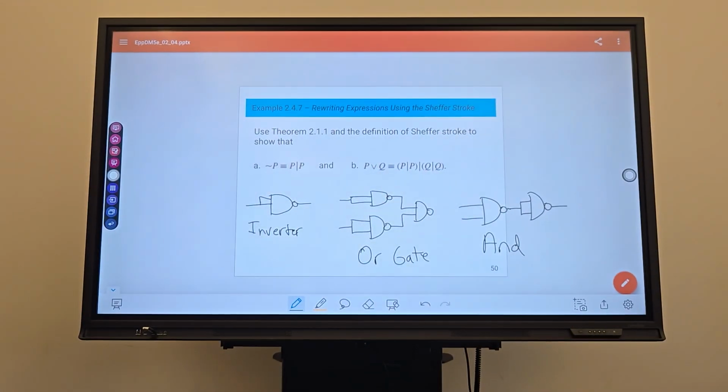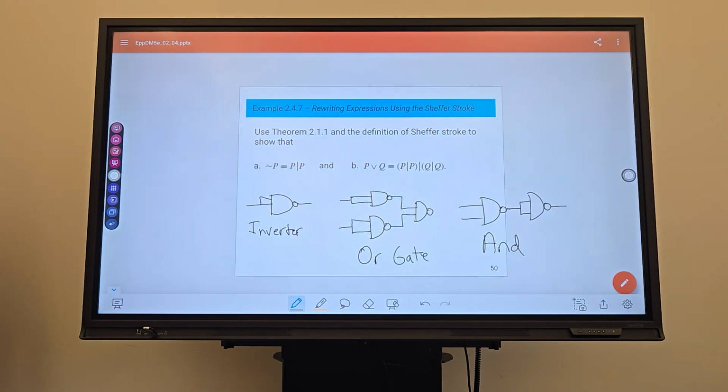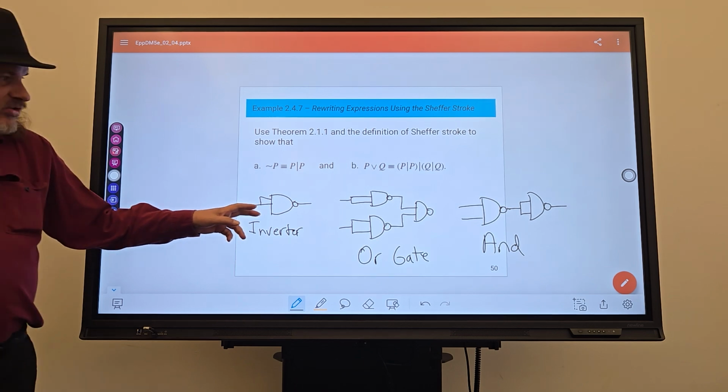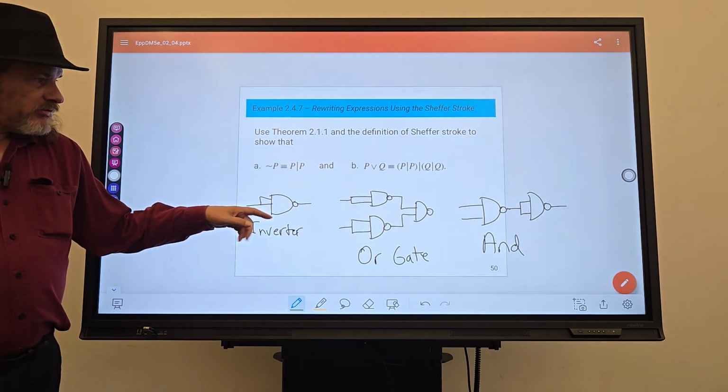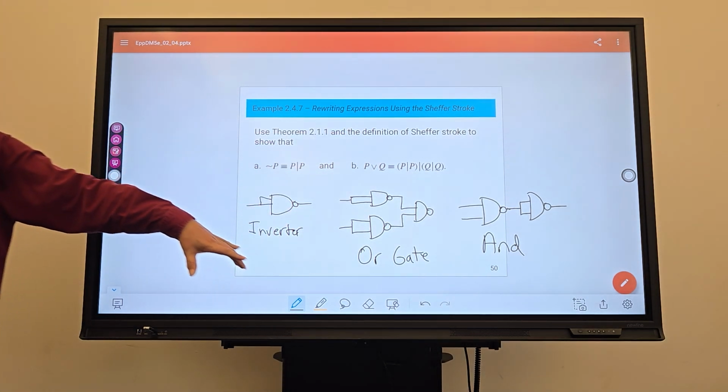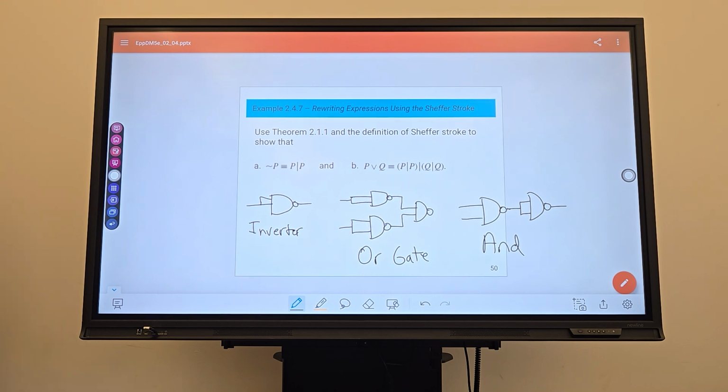So you can get the three basic gates just using a NAND gate. That makes it what's called a universal gate. You can use just NANDs for any combination of digital logic circuit.